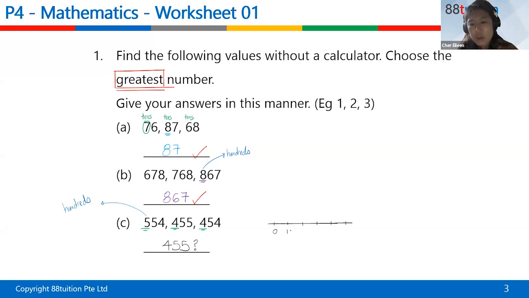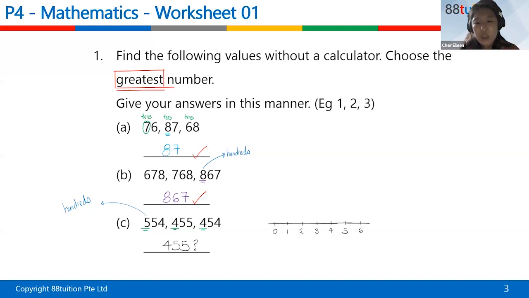Lucas, are you here? Are you in class? Okay, never mind. So between 5 and 4, we know our 5 position is bigger than 4 position, right? So if I'm looking for the greatest, it'll be 554. Okay, I give you a test question. Out of these 3 numbers, which is the smallest?